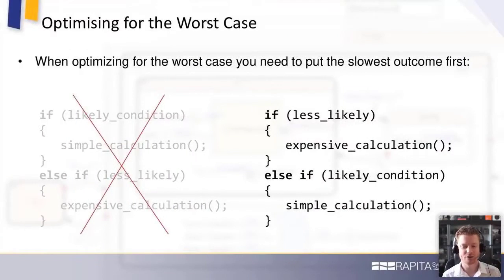However, this is a bad worst case optimization, because the worst case path will always go through the expensive calculation, which means if you put it second, the worst case path will always involve checking the likely condition first, which is extra time that's adding to that worst case execution time. So what you need to do optimizing for the worst case is put the slowest outcome first, regardless of how likely that is to happen.